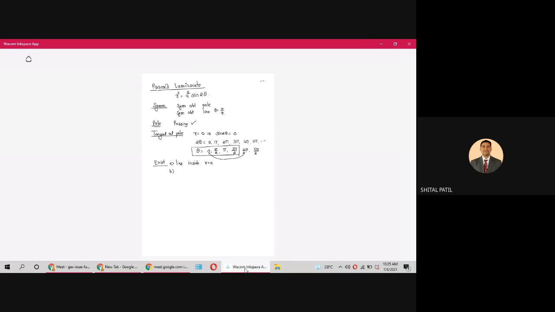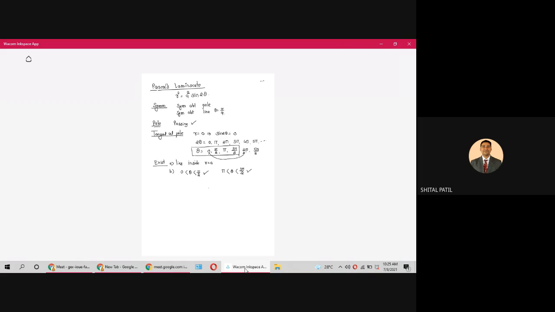Between the tangents 0 to pi by 2 the curve exists. Take theta equal to pi by 4, so sine pi by 2 is 1. Then from pi by 2 to pi it does not exist. Pi to 3 pi by 2 it exists.